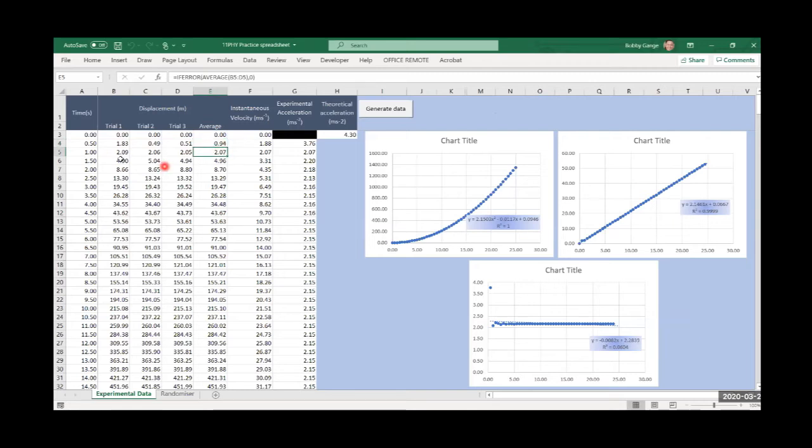I got an average of B5 to D5 here, and so on and so forth. You can see that it says we're going to find the average of B7 to D7, so 8.66, 8.65, and 8.80. If we were to average that out, we should get 8.7.